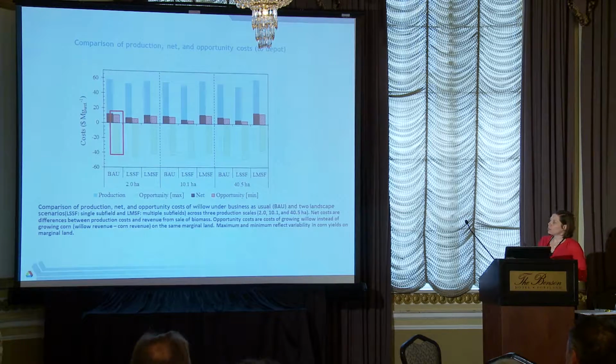And so we can think of that difference in two ways. So we can look at the opportunity cost. By replacing willow in place of corn, we do see that when corn yields are low, we have a fairly substantial positive opportunity cost.